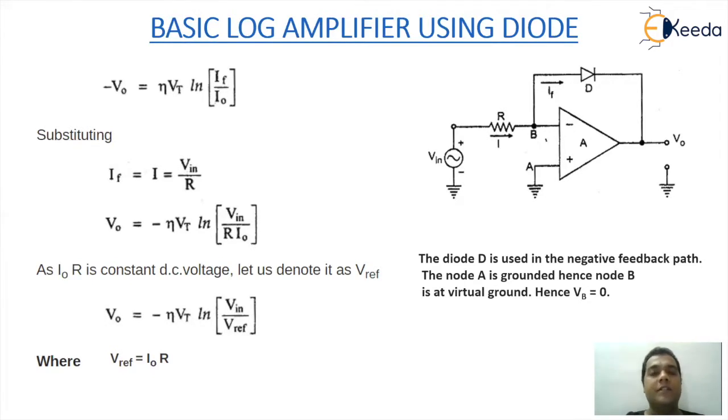The actual equation is IF is equal to I naught e raised to VF by nu times VT minus 1. So we are neglecting the impact of minus 1 and we are going to consider the equation as IF is equal to I naught e raised to VF by nu times VT. So this was the current equation considered for this derivation.